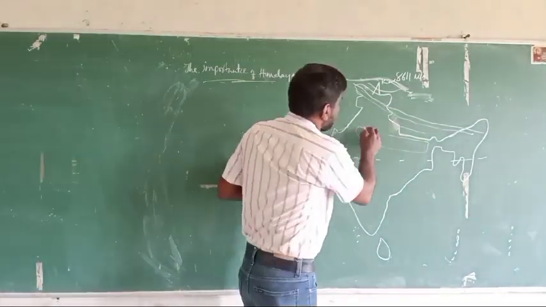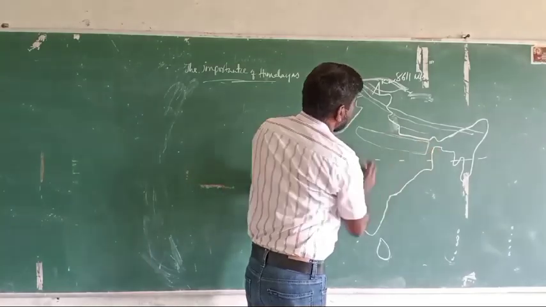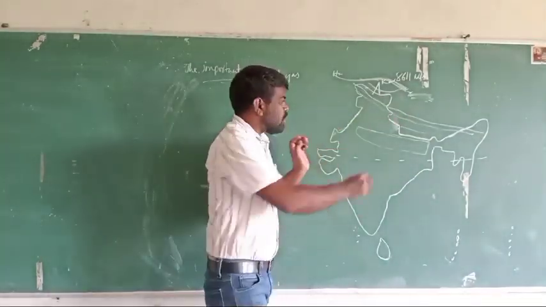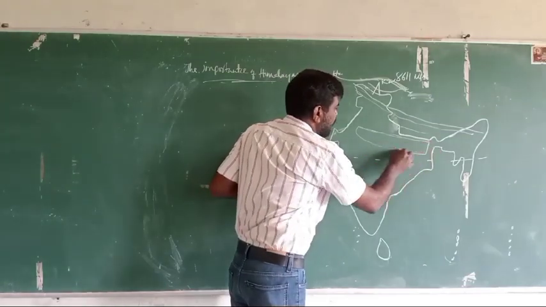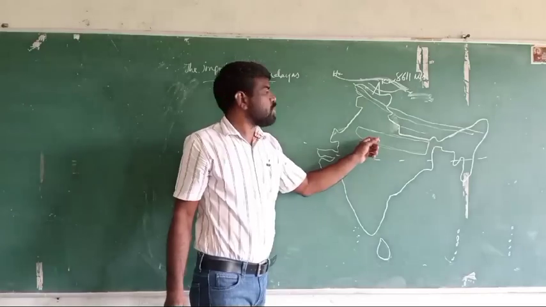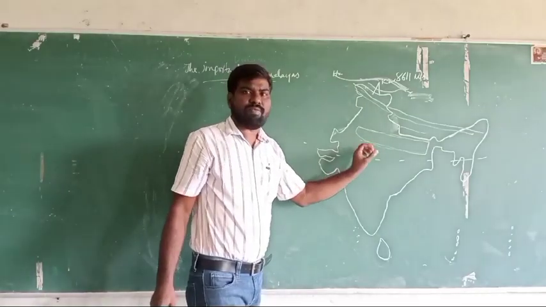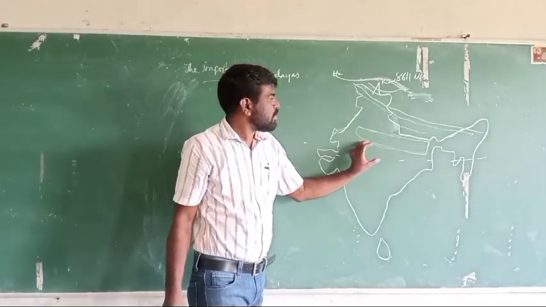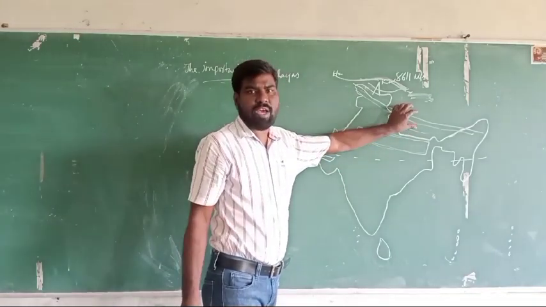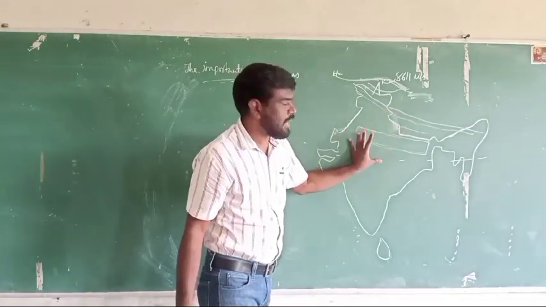And due to these Himalayas, we have rainfall in the summer season in these plains, ultimately giving a monsoon type of climate in India. Without the Himalayas, India would have been a dry land.